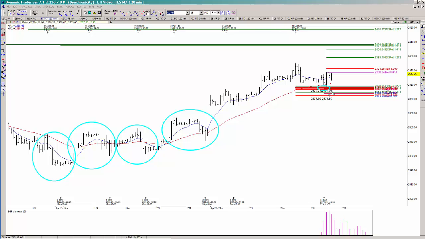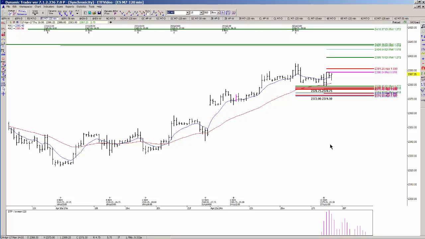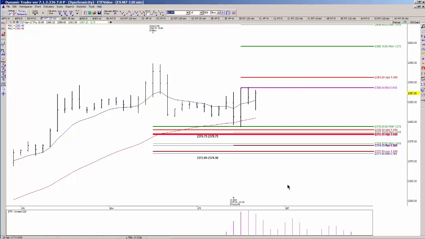Now we've fallen just a little bit short of those red projections, but you can see that these swings are somewhat similar. At least, this one was 16 3/4 points, this one was 18, this one was 17, this one's 15.5. So just a little bit less than some of these swings here. But there were other price relationships that also identified this area as important.